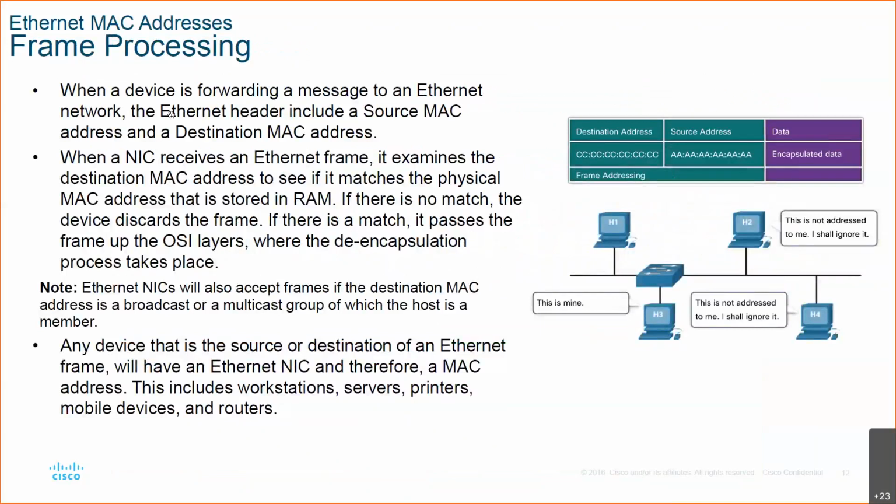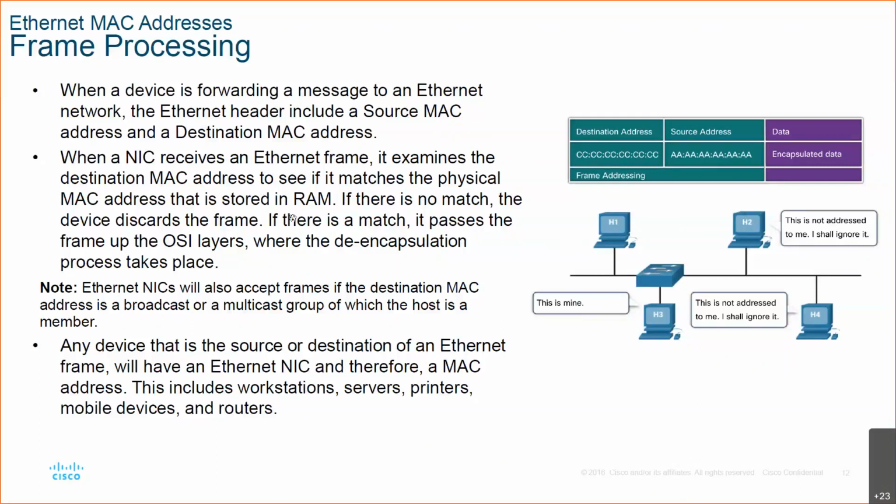When a device is forwarding a message to an Ethernet network, the Ethernet header includes a source MAC address and a destination MAC address. Based on that, the switch will check. For example, if your NIC receives a message from the switch, it examines the destination MAC address to see if it matches the physical MAC address stored in RAM.